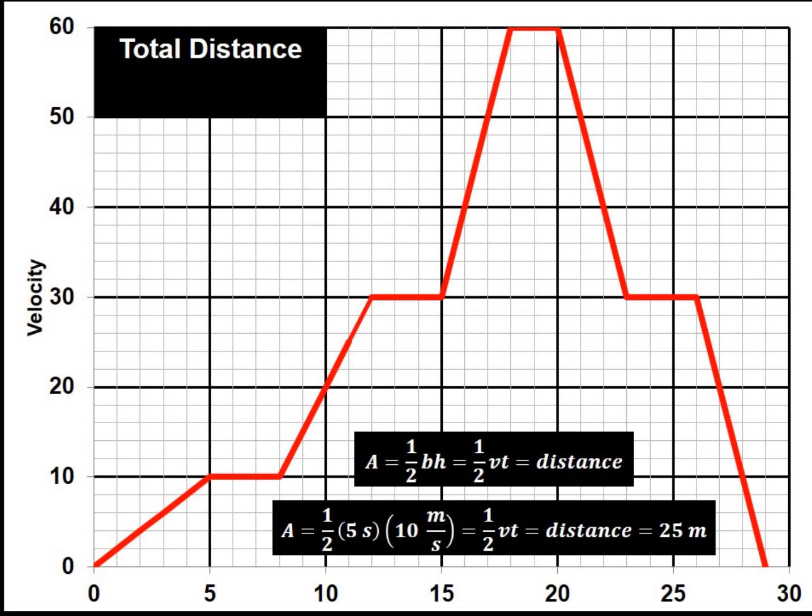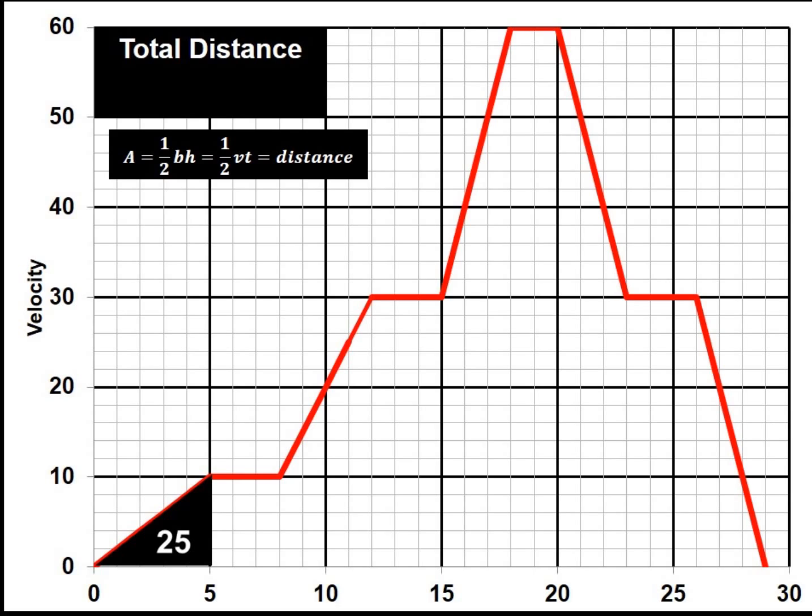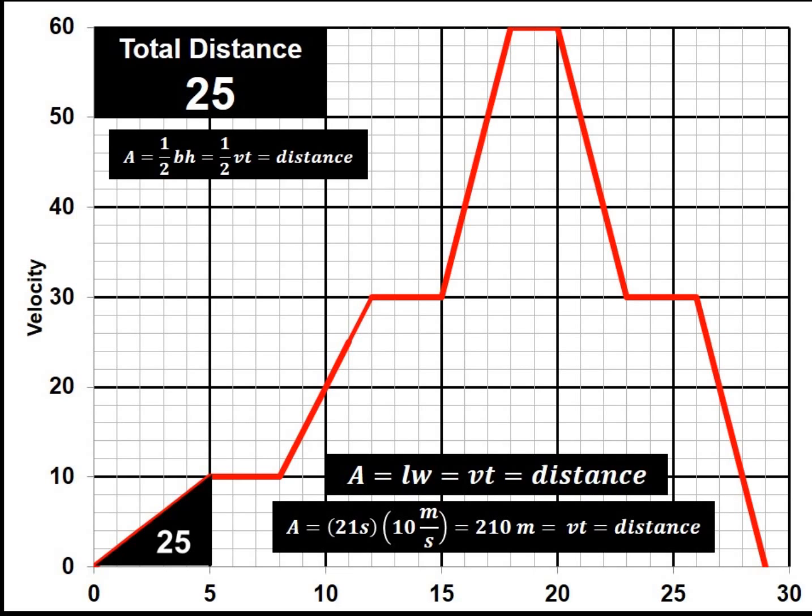Easy. So then you put in the 25, and you keep track of the total distance. So the total distance so far in the first segment is going to be 25. Now, the next segment, I'm sorry, is a rectangle, and the rectangle is going to be length times width.